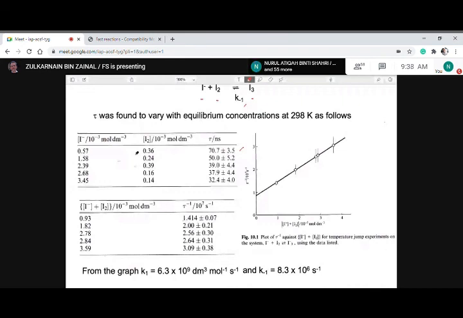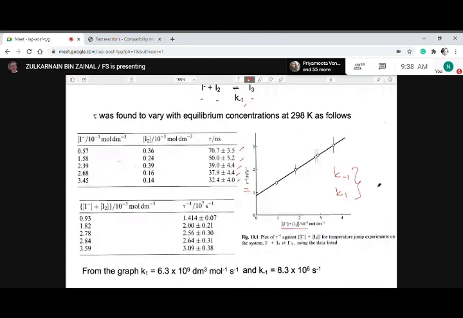With that, you can plot 1 over tau versus the concentration of I minus plus I2, and you get a straight line. From the intercept and the slope of the graph, you can determine the value of K minus 1 and K1.